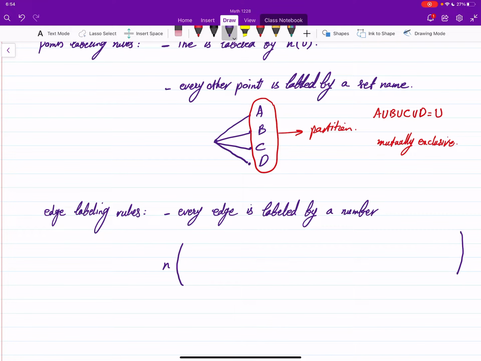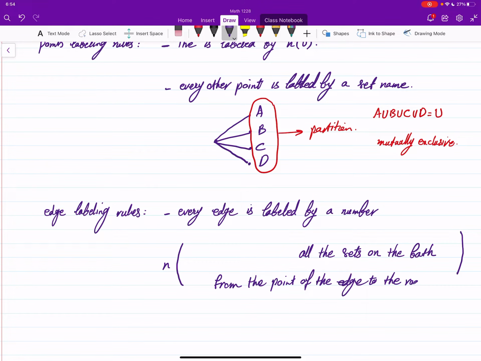Which set? You look at this edge and find the endpoint, the point on the right hand side. From that point to the root, there is only one path. So find all the sets on the path from the endpoint of that edge to the root.